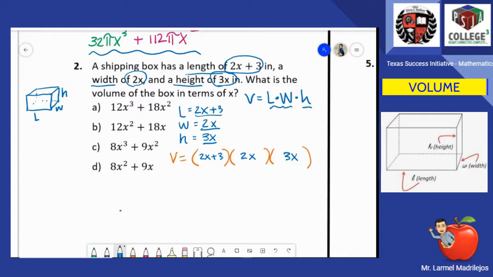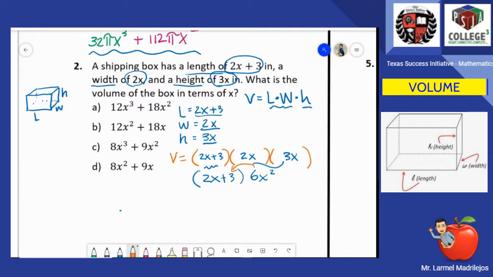So this is going to be easy. Instead of distributing this to both, I'm going to multiply 2 times 3, 6x squared. Let's put this in parentheses with 2x plus 3. And then I'm going to distribute this 6x squared to both terms.